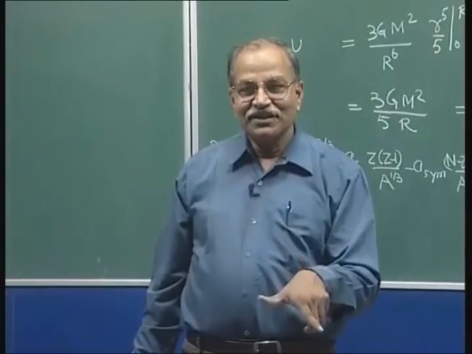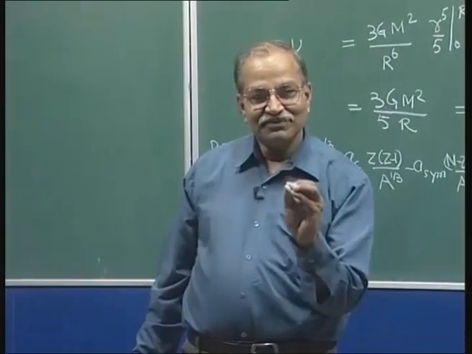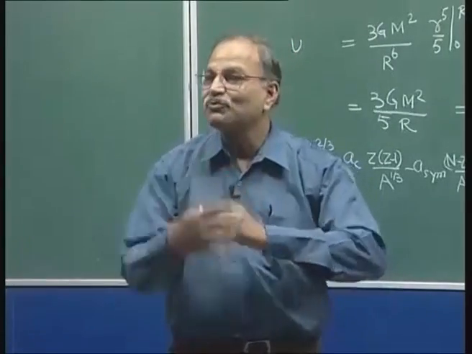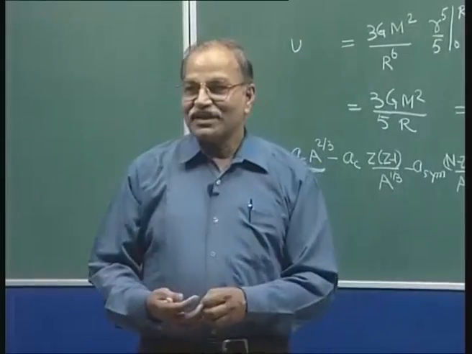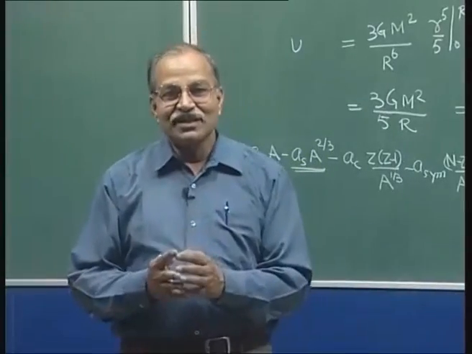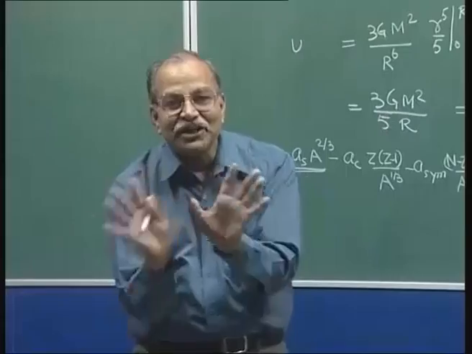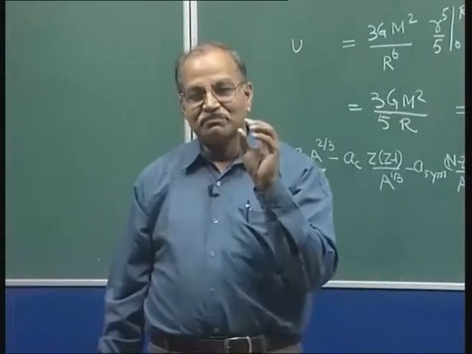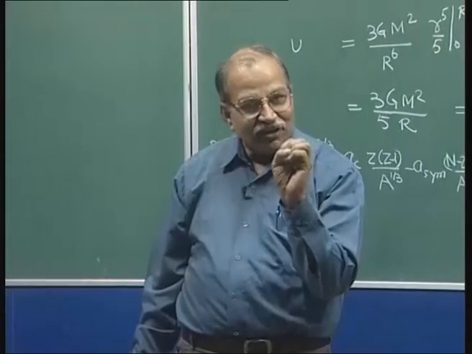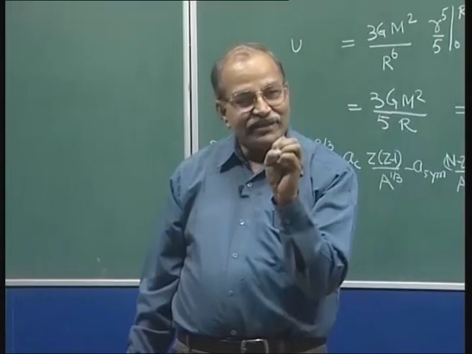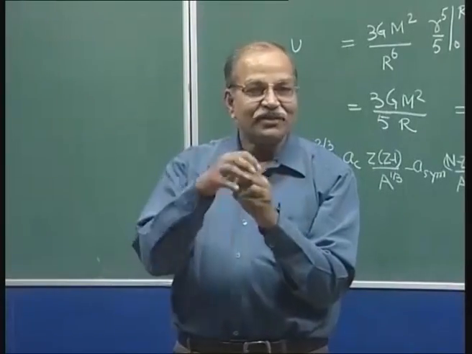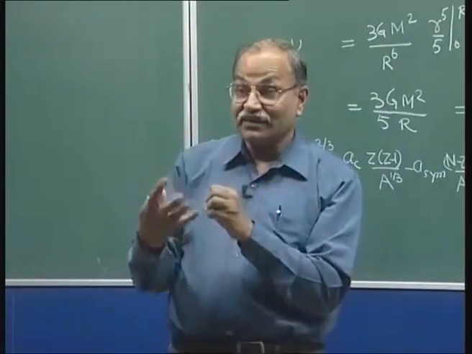On the other side, if you decrease the volume of your object, then the surface becomes more and more important. That is why nanoparticles, nanomaterials have a very different property set than the bulk materials, because the particle size is very small. As the particle size gets smaller, the contribution from those surface particles sitting on the surface becomes dominant.